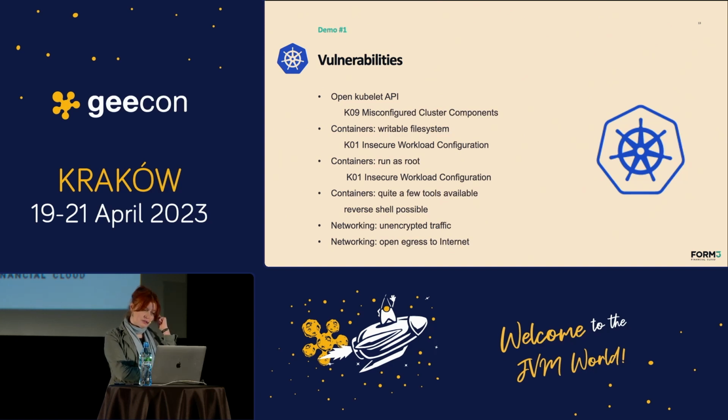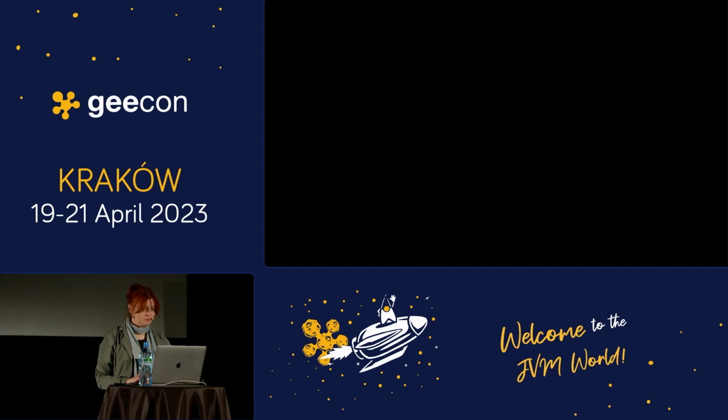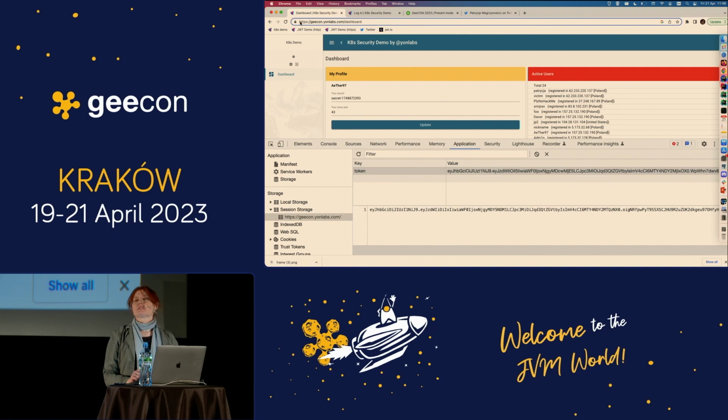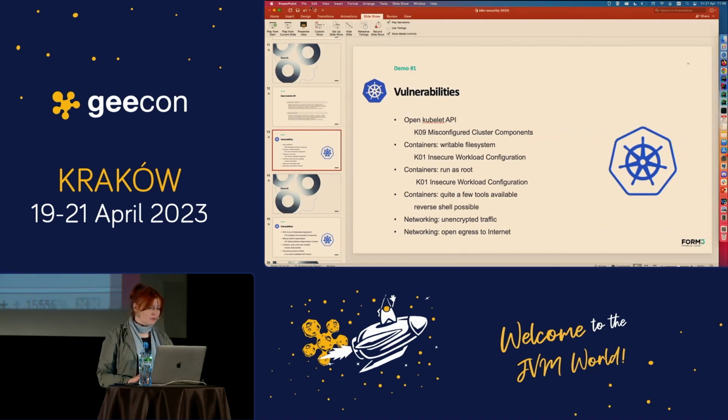Another thing is networking. If you take a look at our application, you see that it's HTTPS. But inside a cluster, between a load balancer and the actual pod executing a command, we have HTTP only, without encryption. So that's a problem.